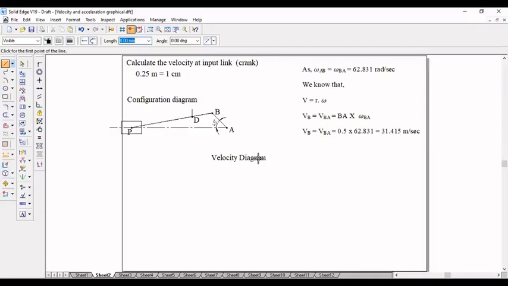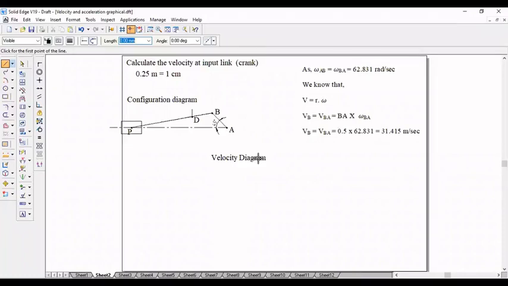Whatever velocity line you are drawing must be perpendicular to the corresponding line in the configuration diagram. Suppose you are constructing the velocity line of the crank, that velocity line must be perpendicular to the crank line in the configuration diagram.